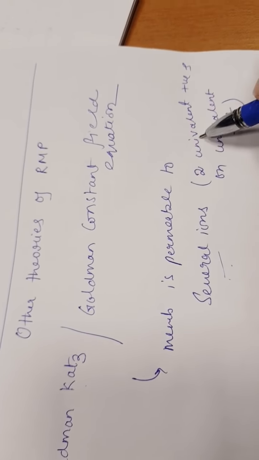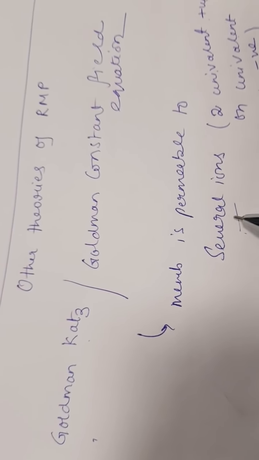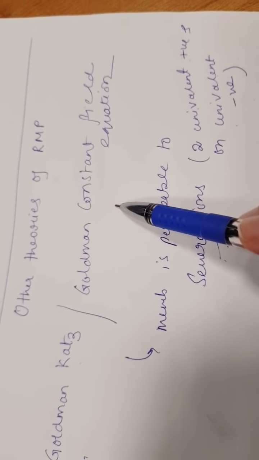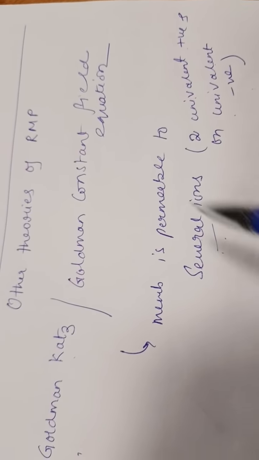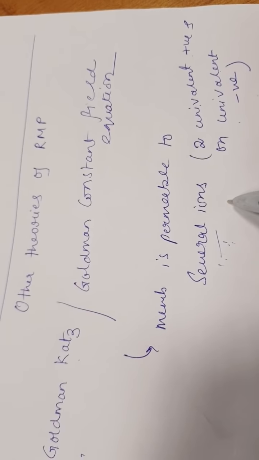The Nernst equation says that the membrane is permeable to only one ion, while the Goldman-Katz equation says that the membrane is permeable to several ions. So according to the Nernst equation, the RMP will only be contributed by potassium, while by the Goldman constant field equation, the RMP should be contributed by several ions.